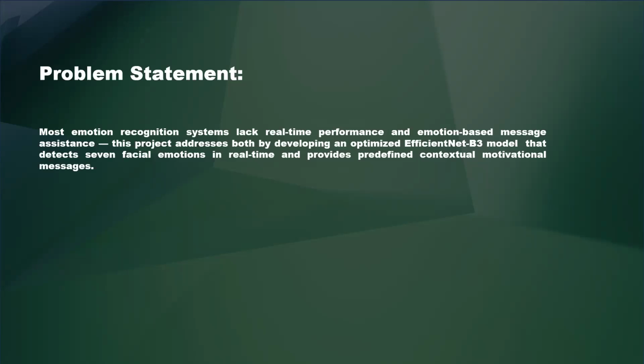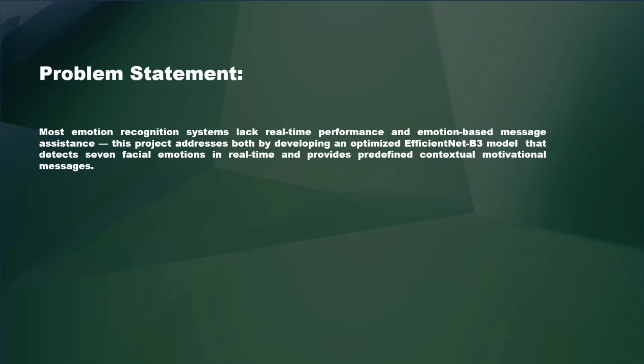See, problem statement means what is the current scenario that the existing system could not solve. Are you getting my point? That particular thing we are targeting to solve. Here you have mentioned most emotion recognition systems lack real-time performance and emotion-based message assistance.